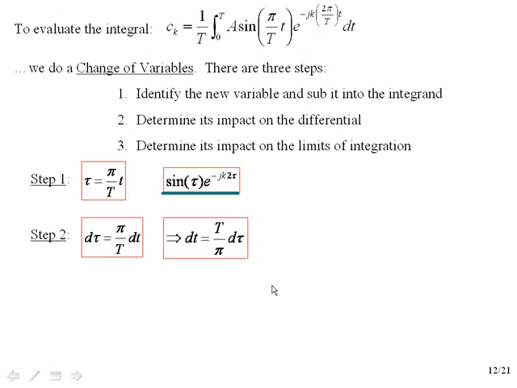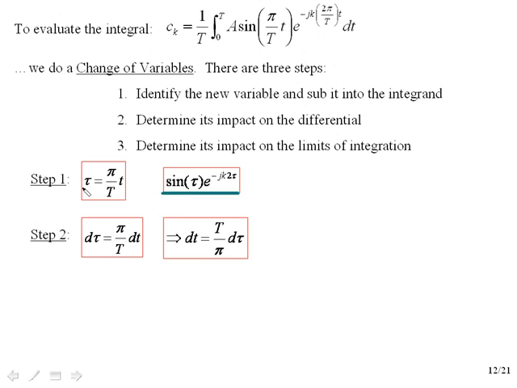Okay, step number 2. Determine the impact of this change on the differential. Well, we start from here, and one thing that you can think of is treating tau as a function of t.